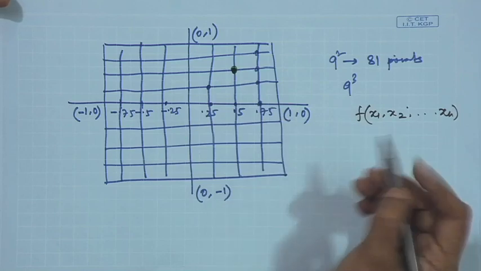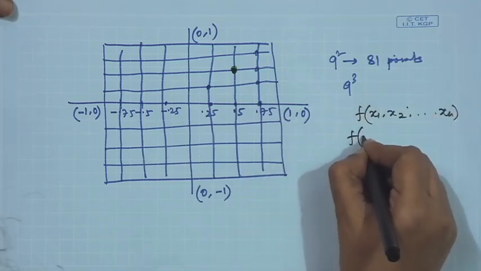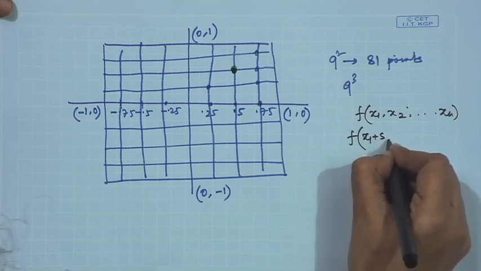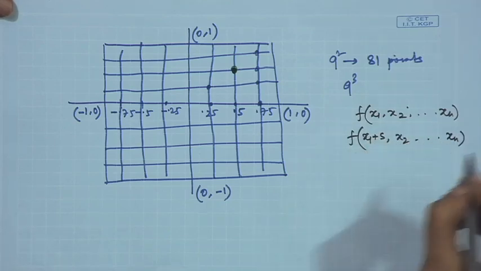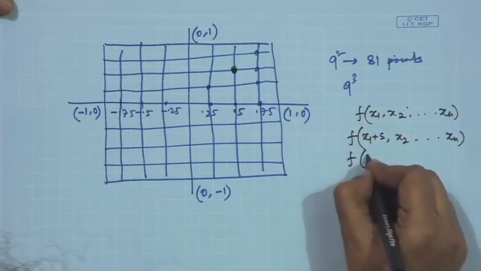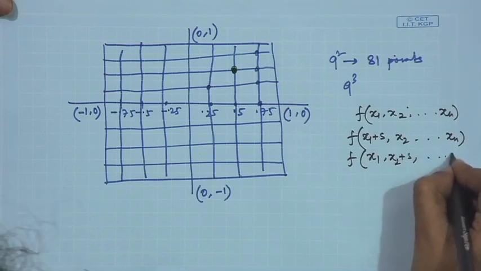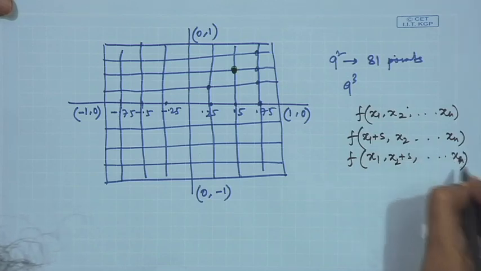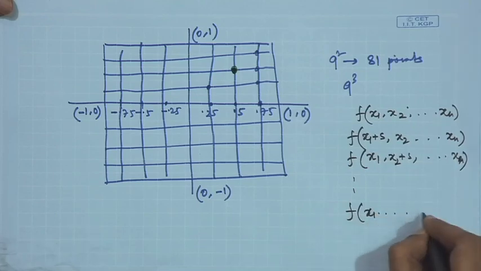What the grid walk technique tells us is that you just take a small shift of x1 only, keeping the others constant, and find the functional value. Then take the same small shift of x2 and take the functional value. In this way you proceed for n number of variables.